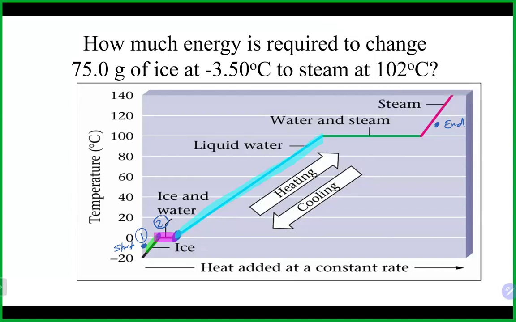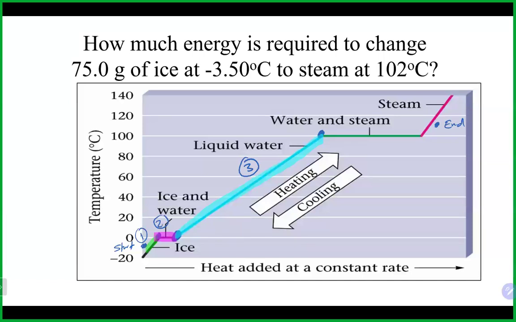So we would want to go from there all the way to here, and this would be our third step. This again is everywhere in that blue line that I just highlighted. That is all liquid water all the way through there, which means it's the same phase all the way through, but definitely the temperature is changing as we go all the way through there.